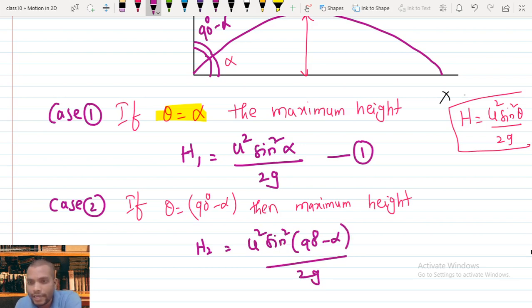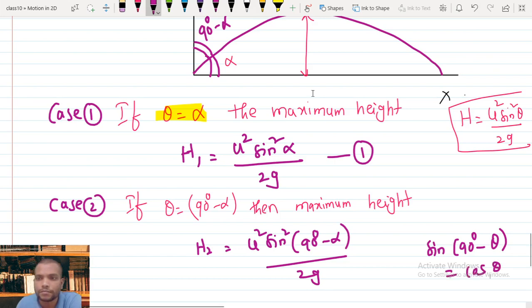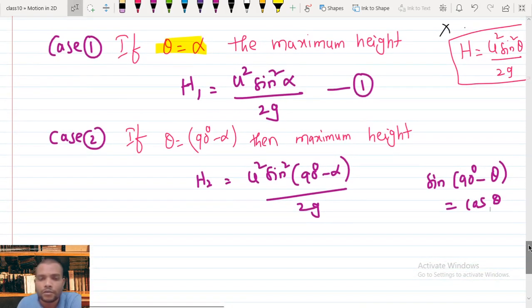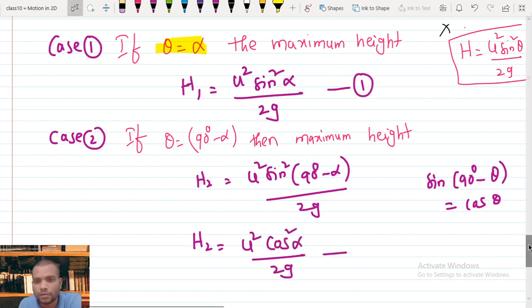Here again I use the trigonometric formula, sine of 90 degrees minus theta equals cos theta. Now h2 equals u square cos square alpha upon 2g. So this is equation 2.